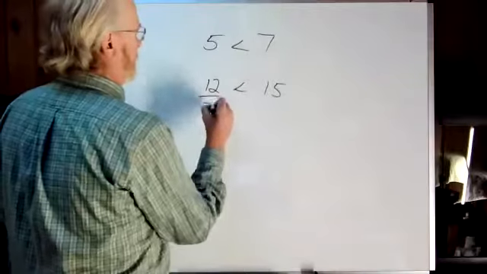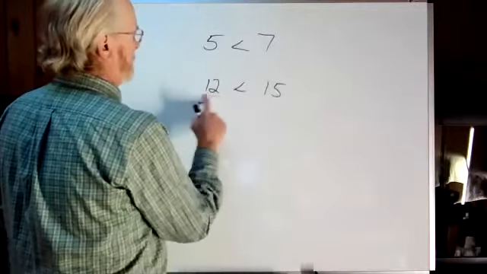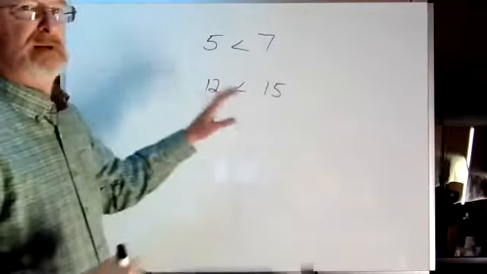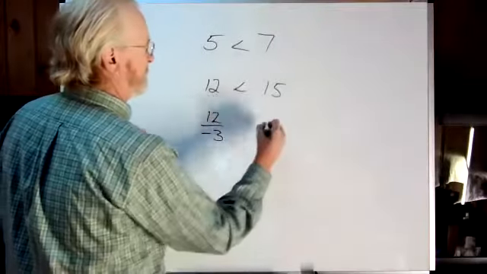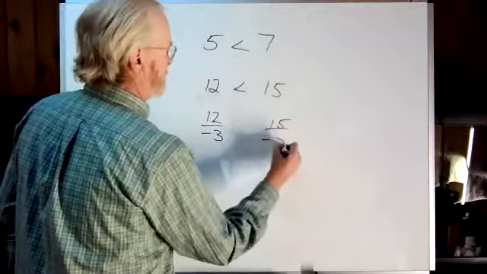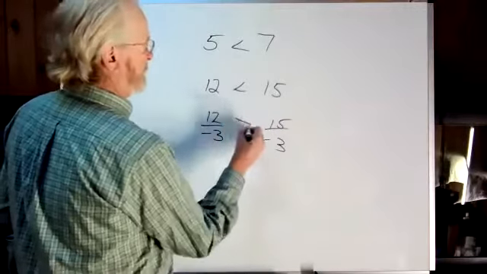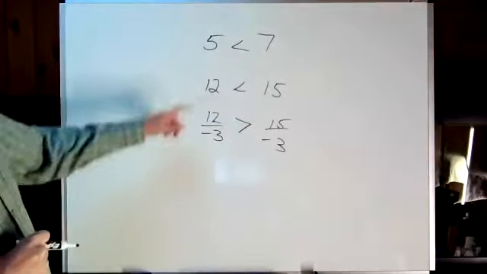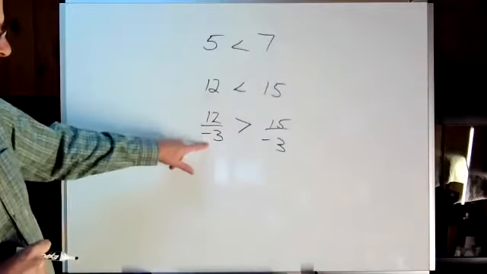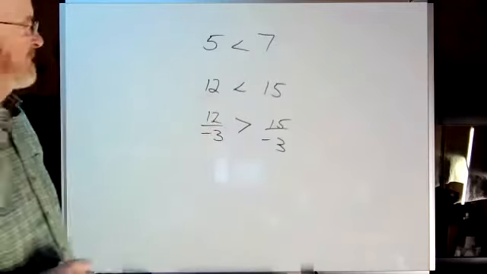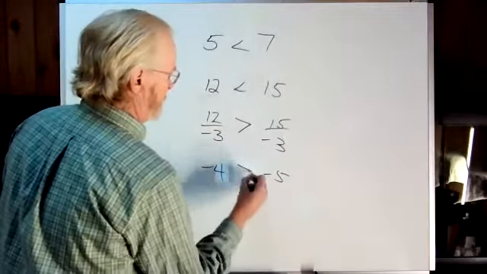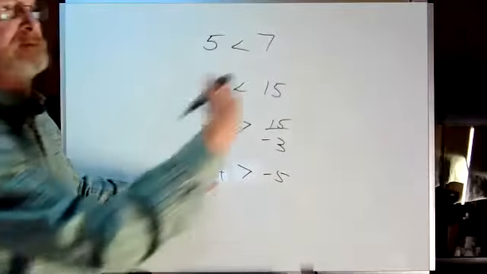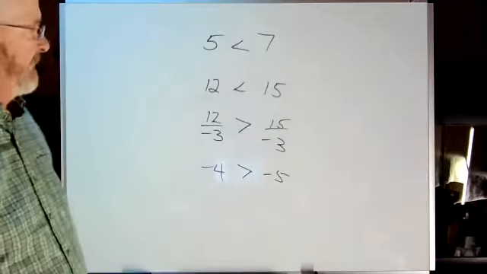If I divide by, and here I try to be careful in presenting, not to even do it at this step, because I know as soon as I divide both sides, this should change. If I divide both sides by a negative, it's going to reverse the relationship. -4 is greater than -5.